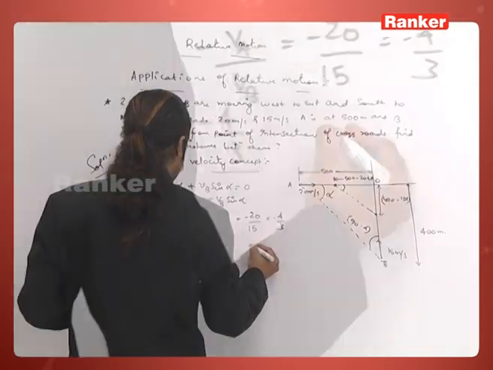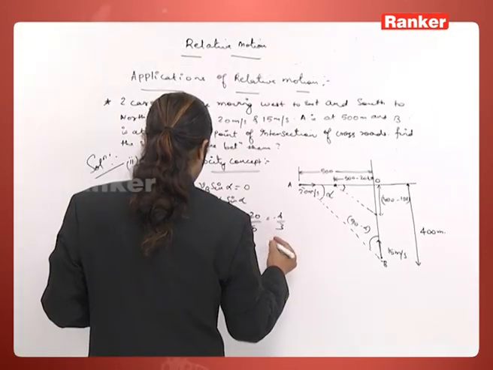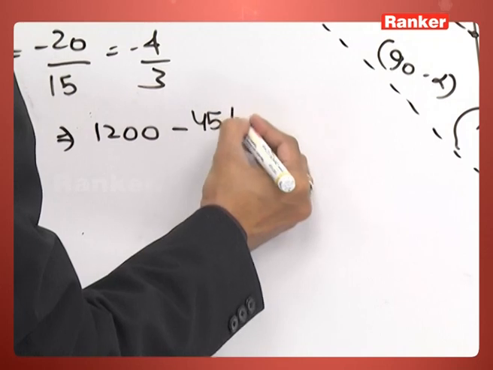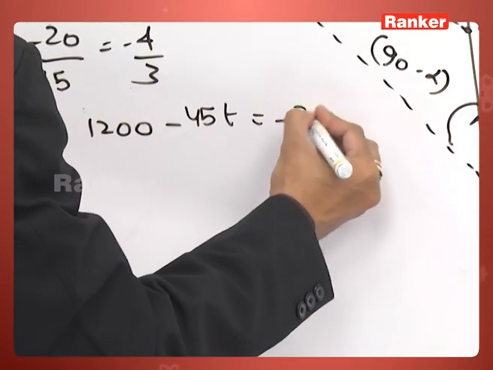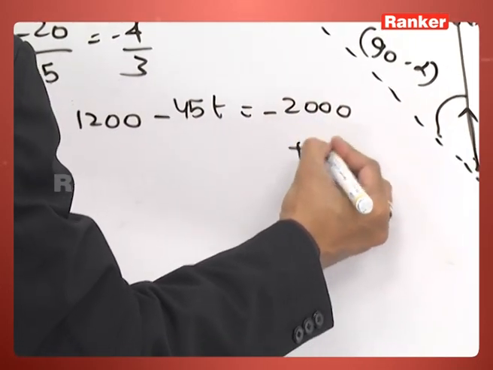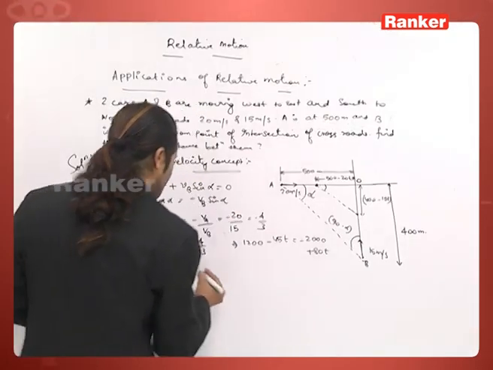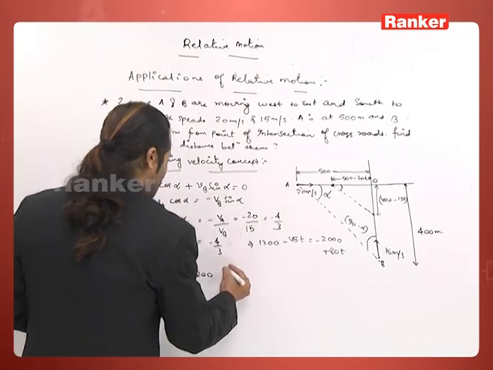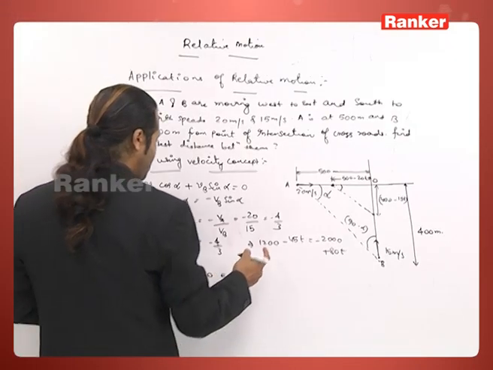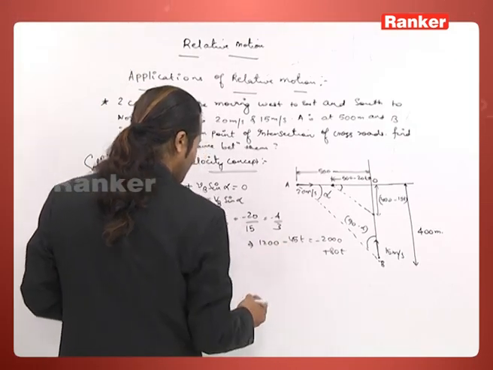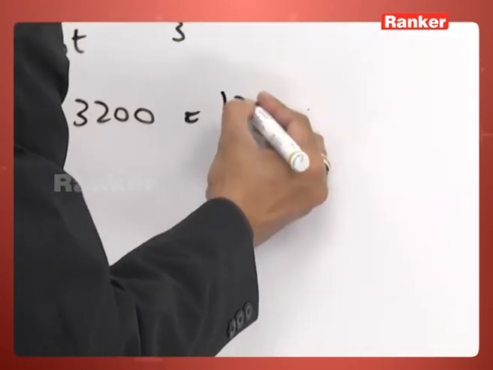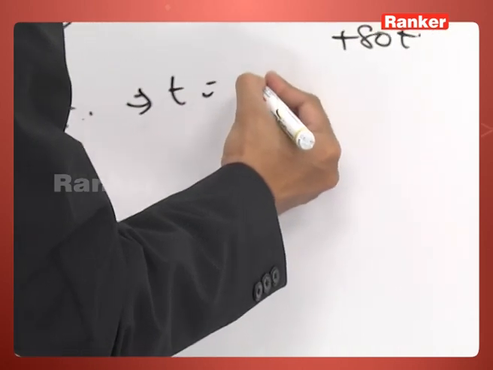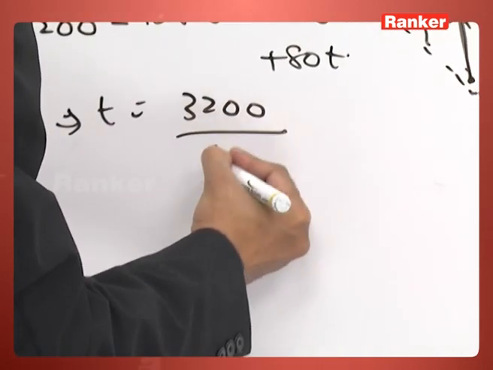So that implies 1200 minus 45t is equal to minus 2000 plus 80t. So 3200 equals 80t plus 45t, 125t, or t is equal to 3200 by 125.